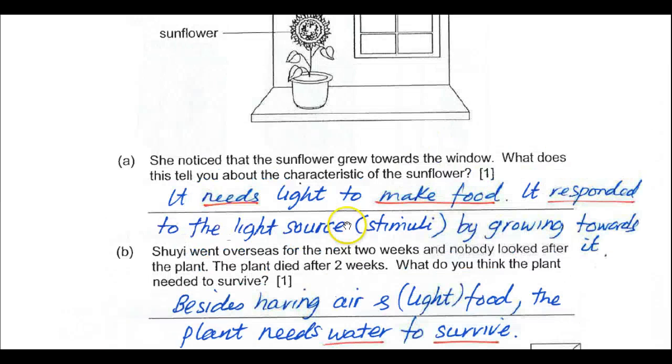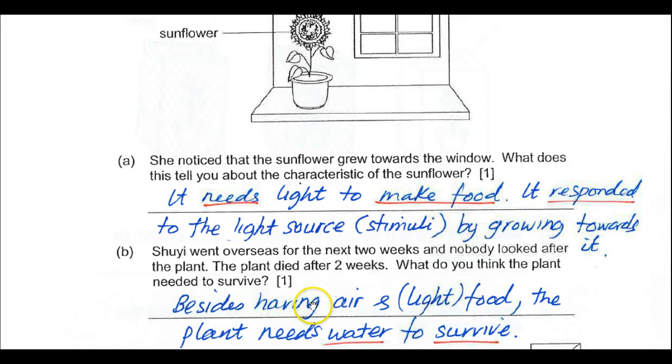Now in this place there is air, and near the window there is light, which is always given there. If you just say that the plant needs water to survive because there is no water, it is not quite a good answer, not quite a powerful answer.